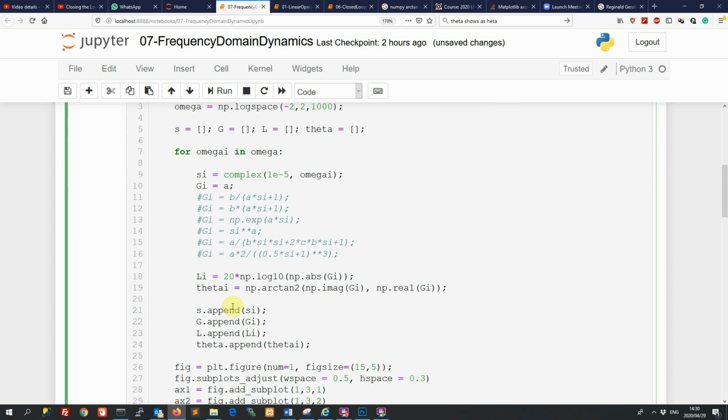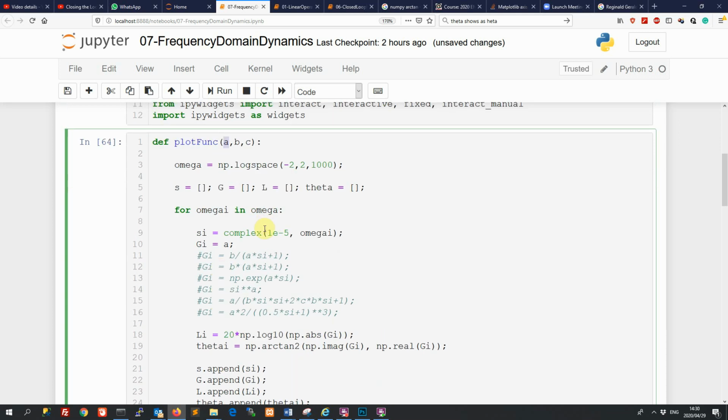We'll come to L and theta just now, but we are generating a set of complex numbers, and here we are setting a very small value. In fact, I think this works if we set that to 0. So we set s equals i omega.